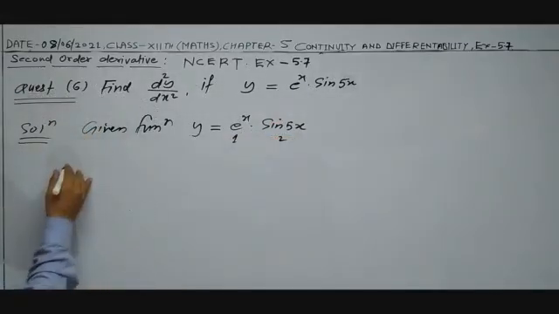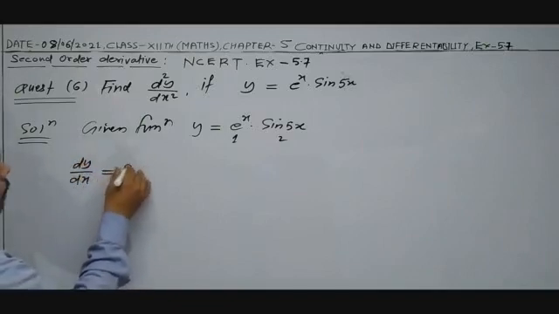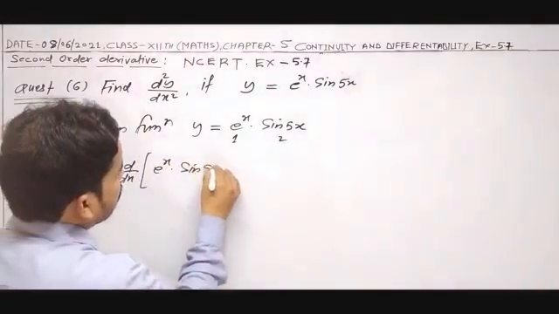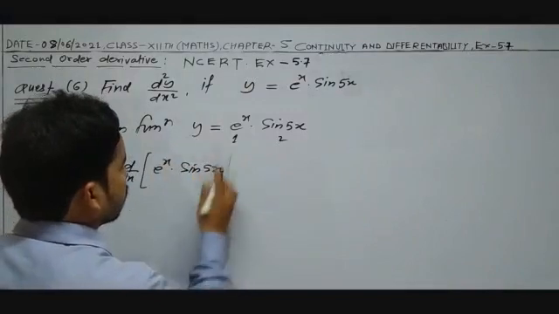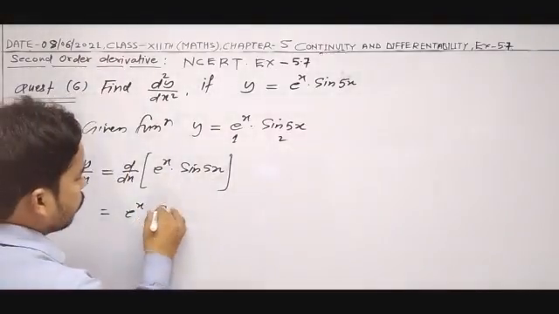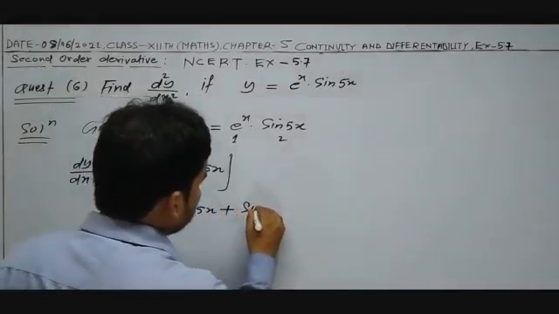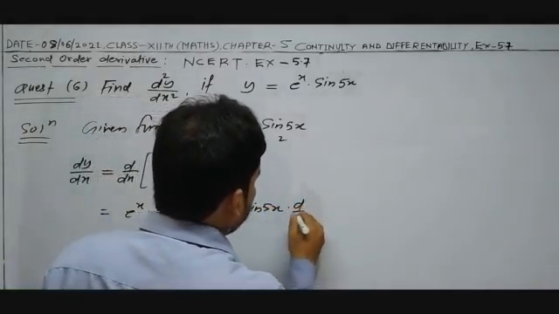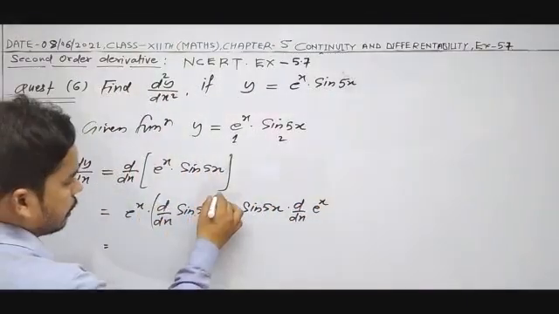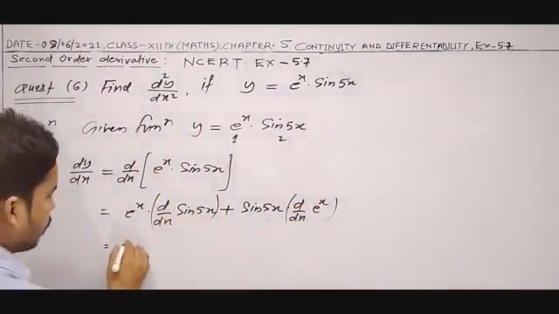When you operate d by dx on both sides, the result will be dy by dx is equal to d by dx of e to the power x into sine 5x: first function into d by dx of second function, plus second function into d by dx of first function. So what will be its result after differentiating?